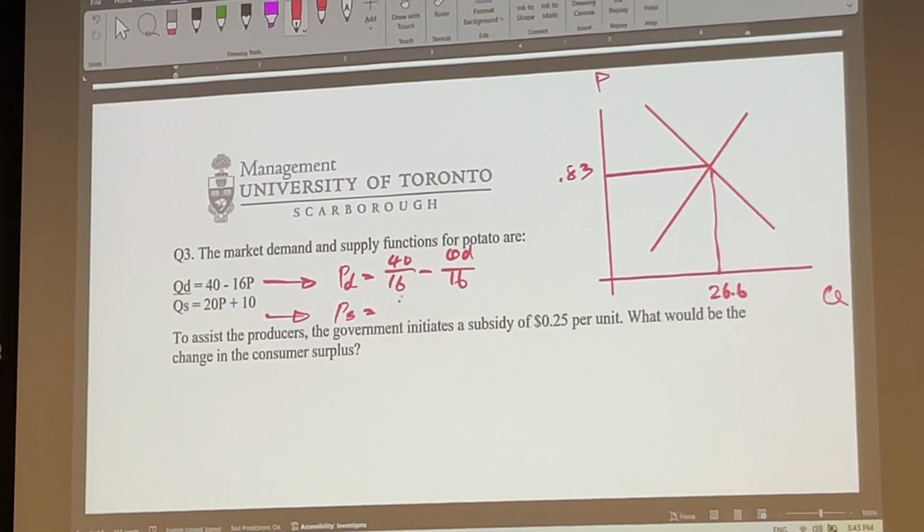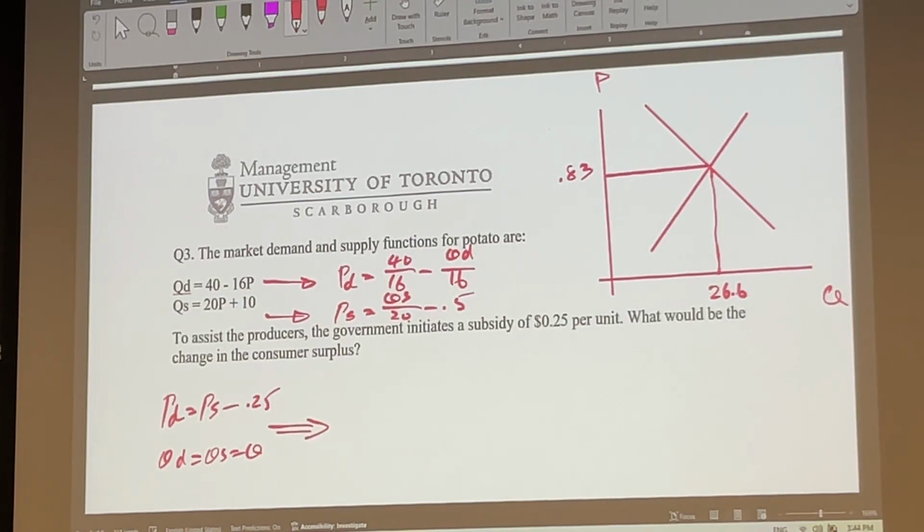The inverse supply, that's the inverse supply. So in the case of subsidy, the price the consumer pays should be what the producer gets minus the subsidy. And demand and supply should be the same.